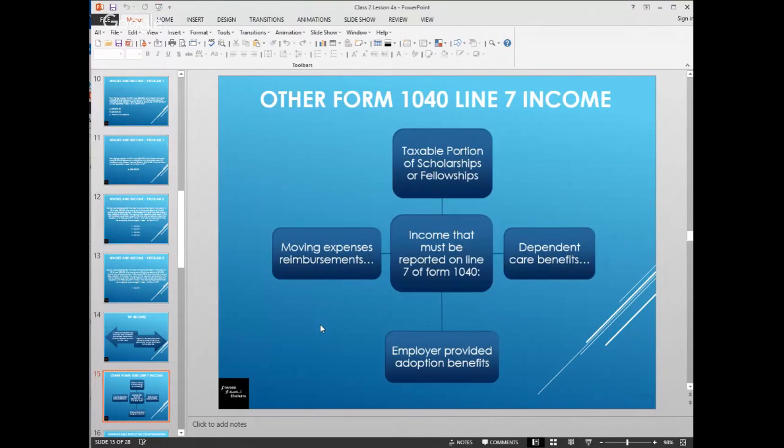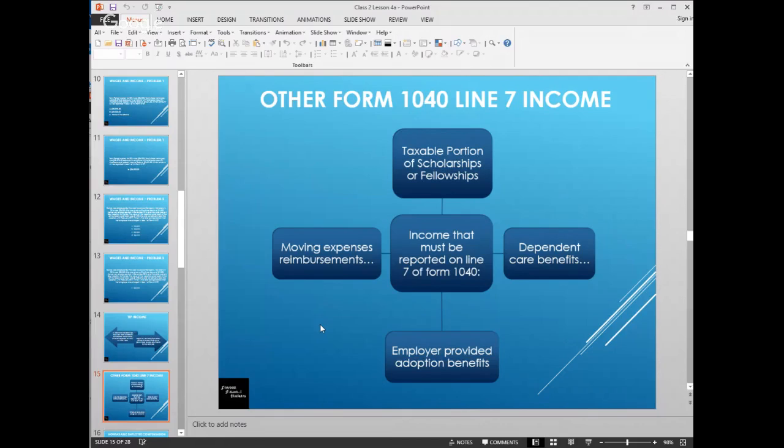Other items that could be on line 1040 would be the taxable portion of scholarships. In the event that you received a scholarship or fellowship, a portion of that may come in the form of a W-2. Dependent care benefits, employer-provided adoption benefits, moving expenses and reimbursements are all reported on the W-2, and they could possibly be taxable.